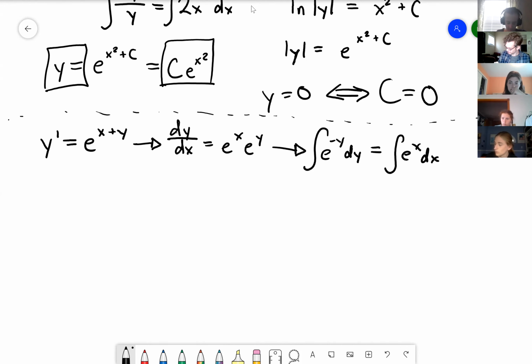Let's try this out then. So integrating both sides, I get minus e to the minus y, and on this side I get e to the x plus c. What I'm attempting to do is solve for y.